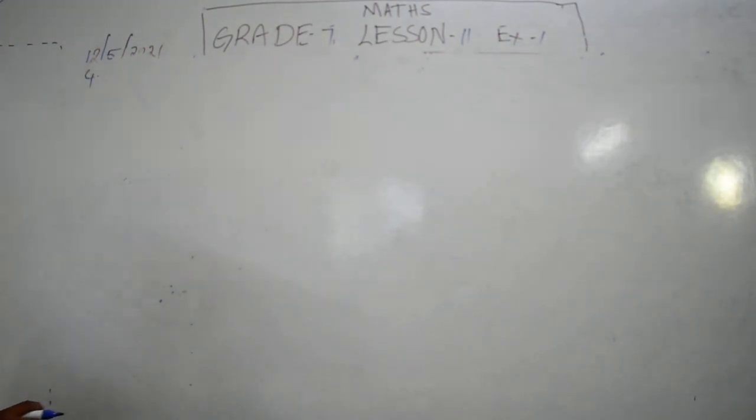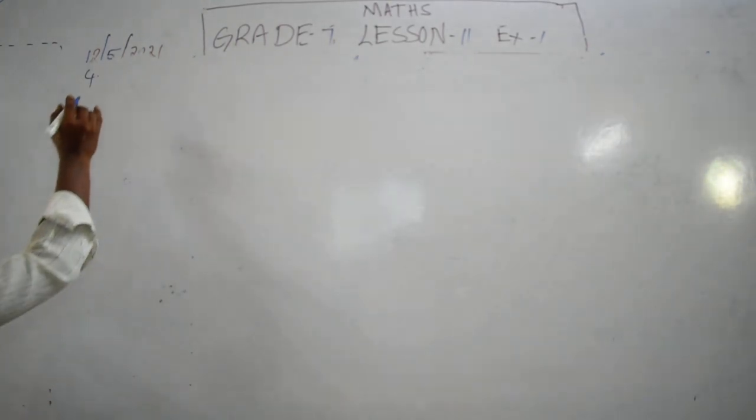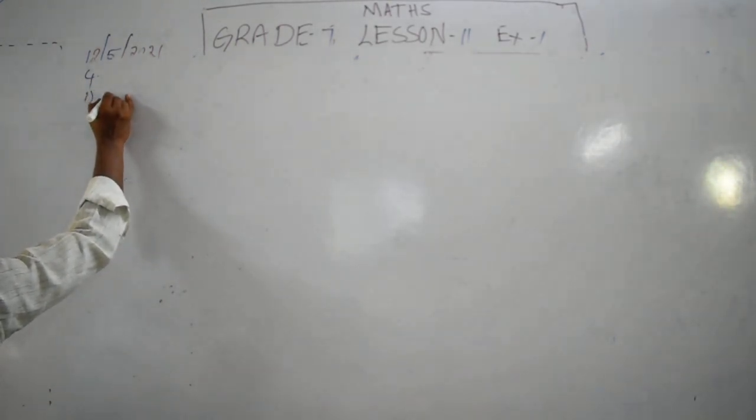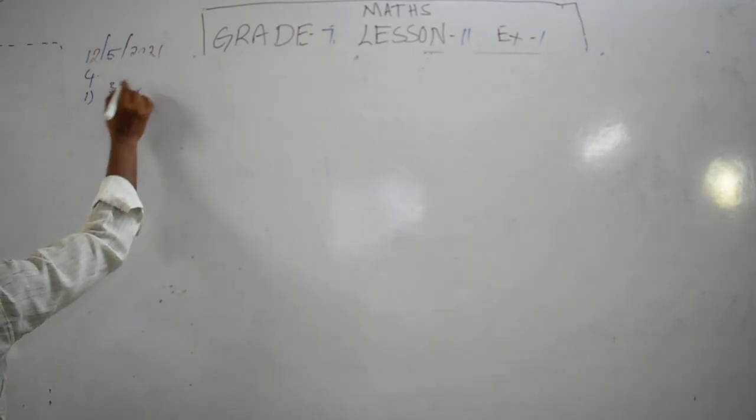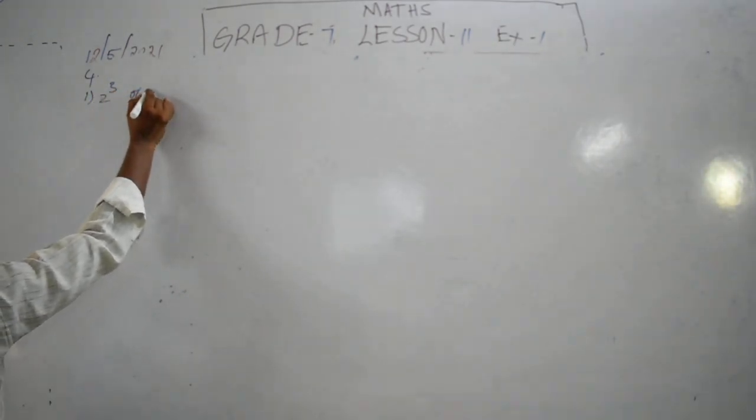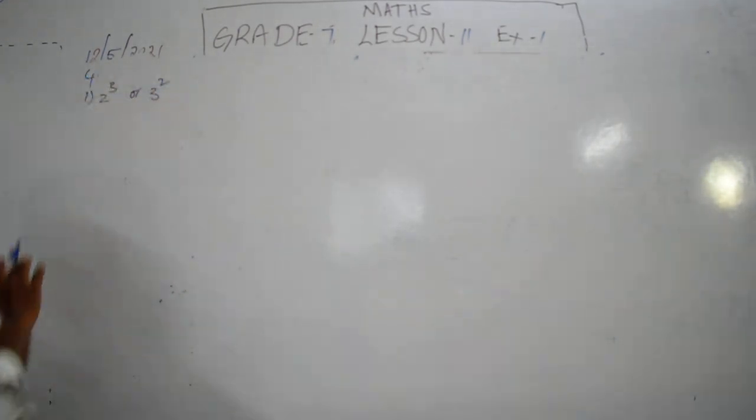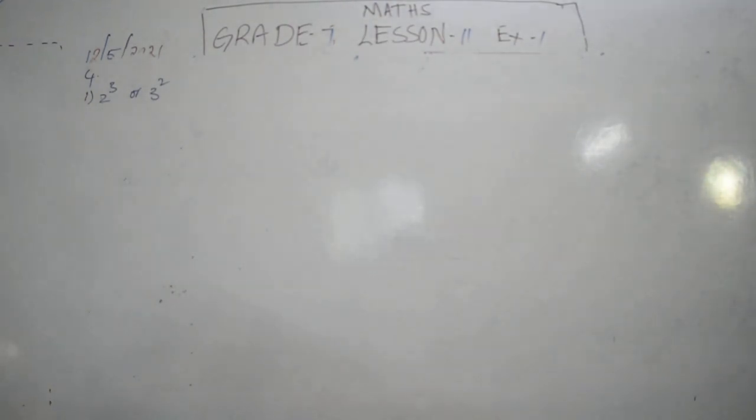Now they are asking for the greater value, not the expanded form or the base and exponent. They have just given the exponential form, and you convert it to the expanded form to get the value. Now 2 power 3 or 3 square. Which is the bigger value?